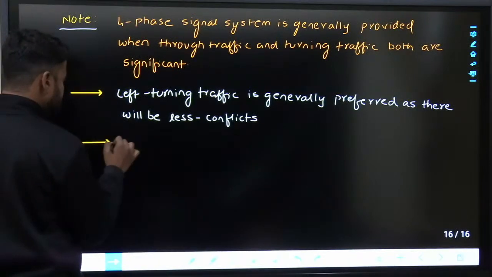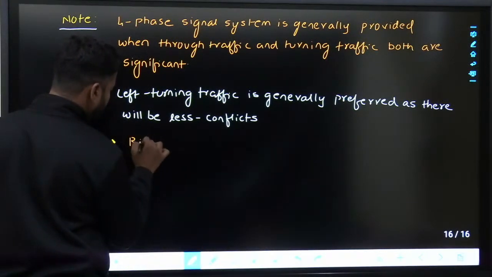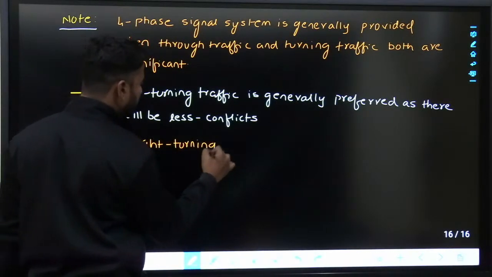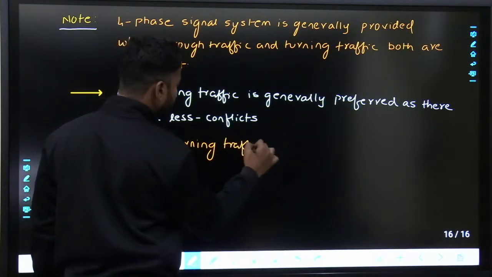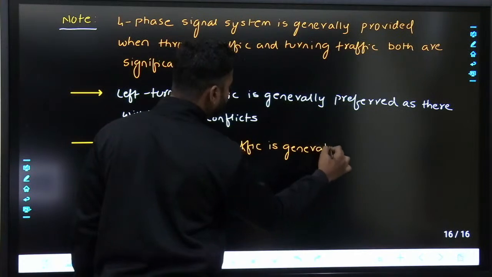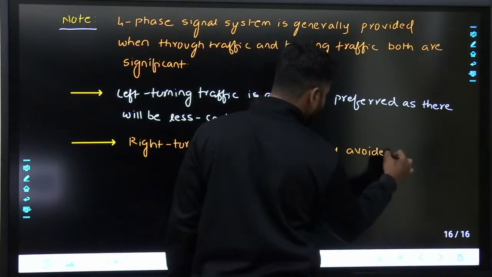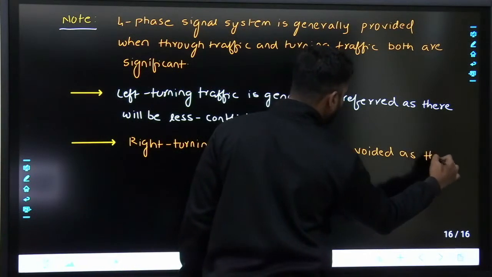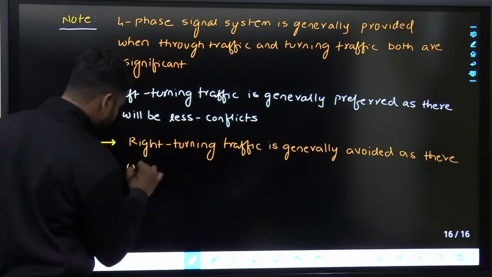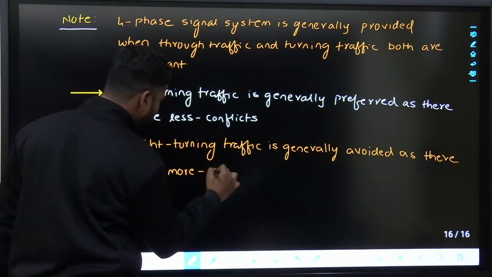Next one is right turning traffic. Right turning traffic is generally avoided as there will be more conflicts.